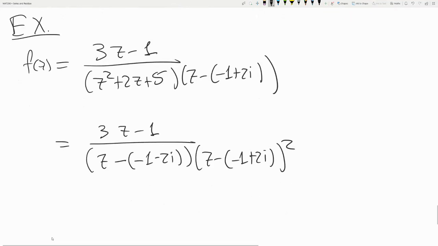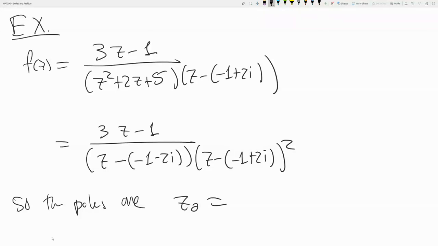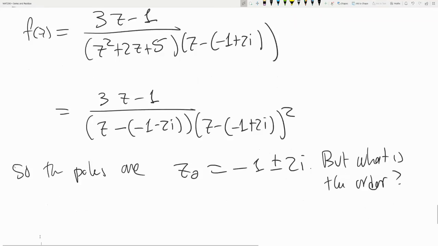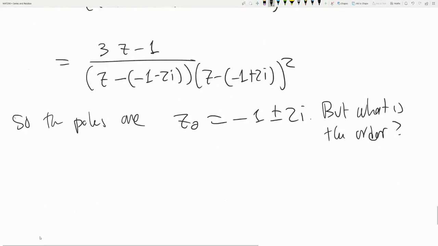Now the question is, the poles are z naught equal to minus 1 plus or minus 2I. So these are the two poles, but what is the order? There are two ways. One, you could find the Laurent series.